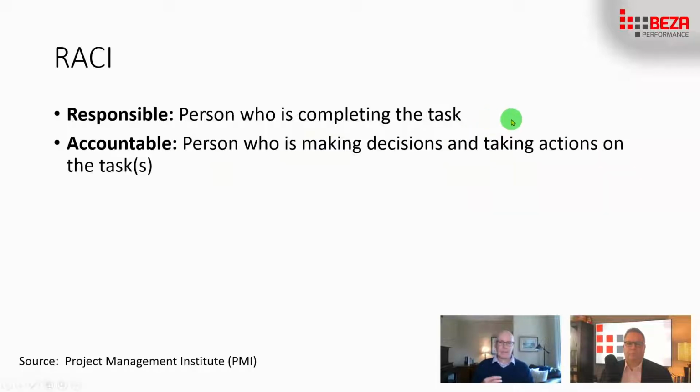And it sometimes gets confused with the accountable person. The accountable person is the person who has to make decisions or take actions out of the tasks. If we think about developing a demand plan, for example, you might have a demand planner who is responsible for developing that demand plan.